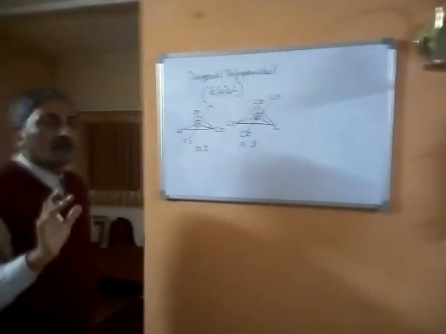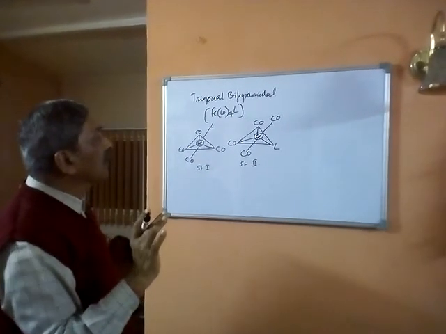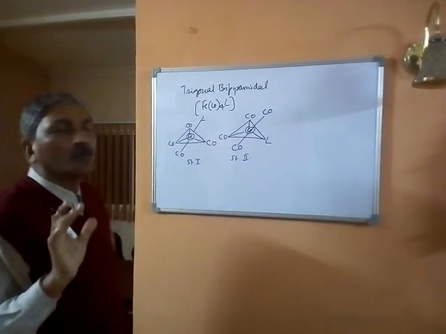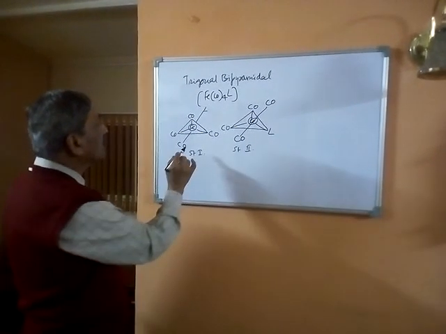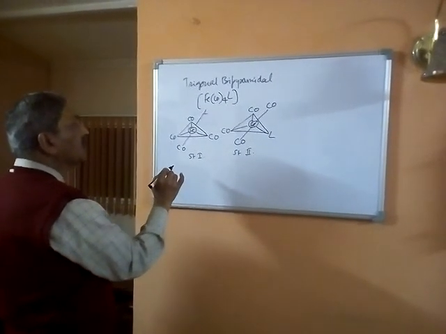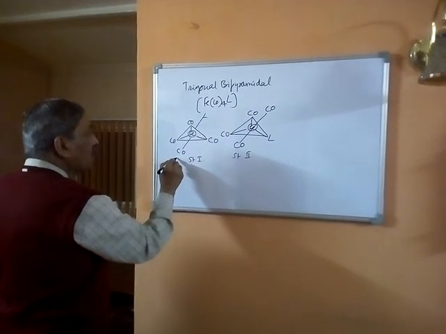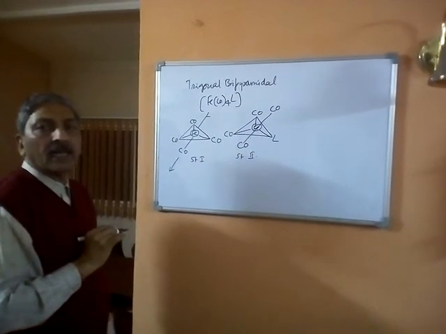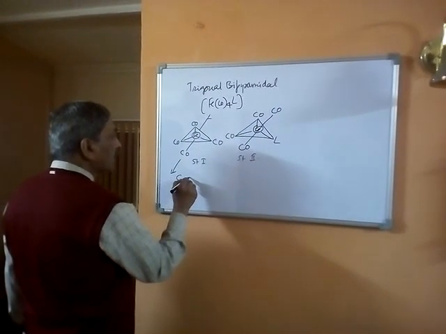Now once we have these 2 structures, the question asked was, what symmetries can we assign to these 2 structures? Let us focus on structure number 1. In structure 1, you can see that there will be a highest fold axis along the axial direction, and this will be a C3 axis.